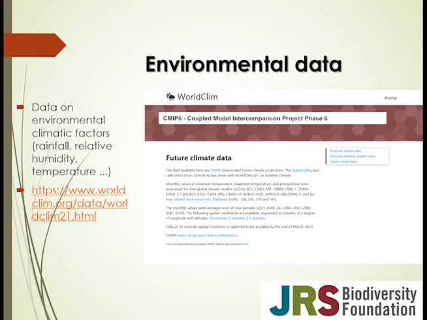Okay, after this first part, we'll do some exercises to download the data and try also to calibrate them. Oh, yes, I want to tell you that those variables are at the world scale.